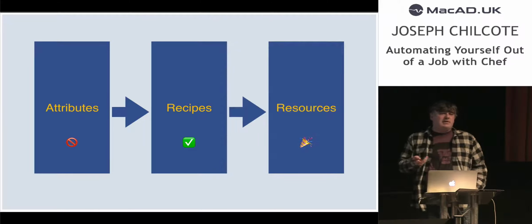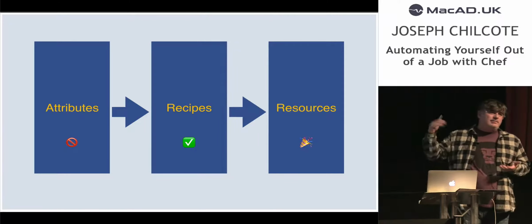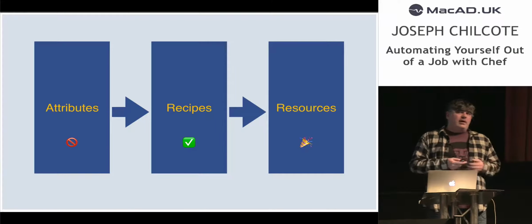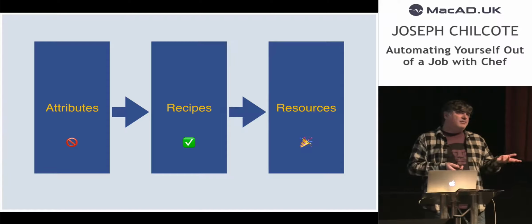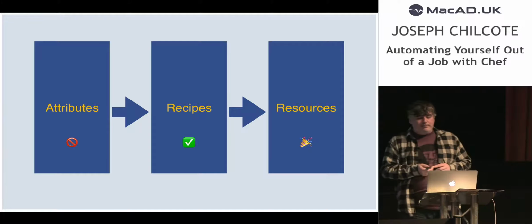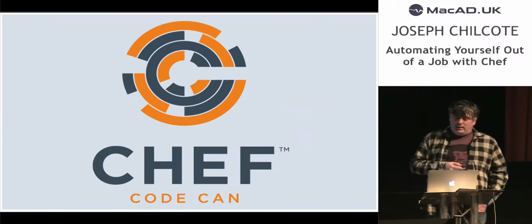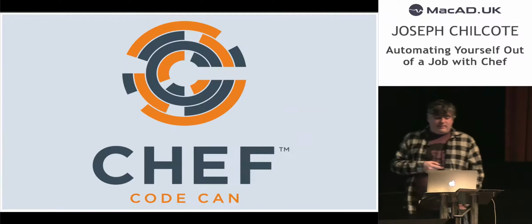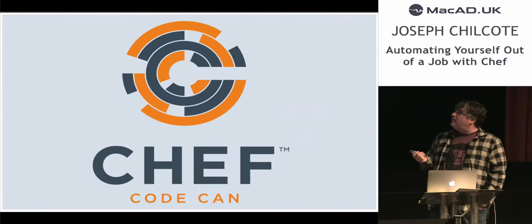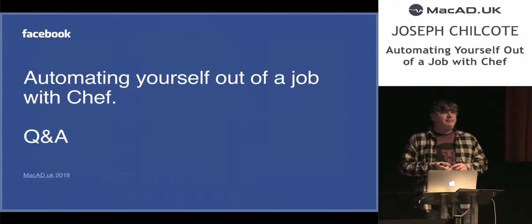Then when Chef converges, it takes all those values and shoves them into whatever you're trying to do, whether it's a config profile, installing an app, or dropping a file, anything that you're using your config management for. And that is how we use the Chef API to apply configurations to our machines. And that's it. Any questions?